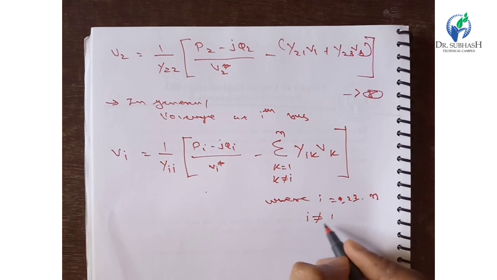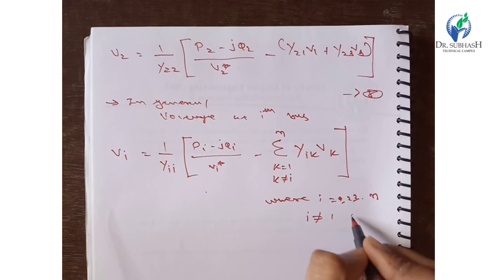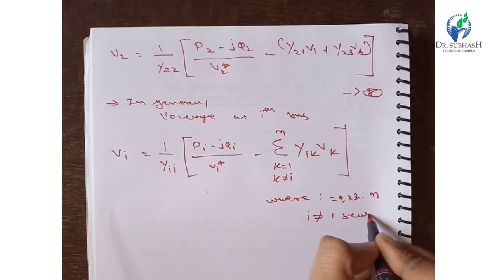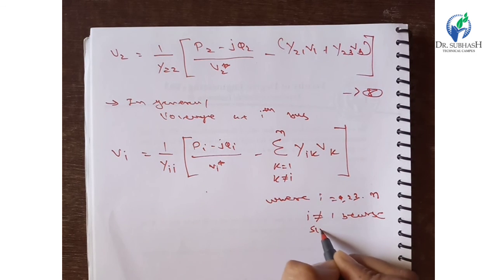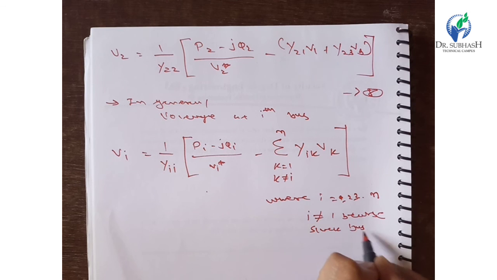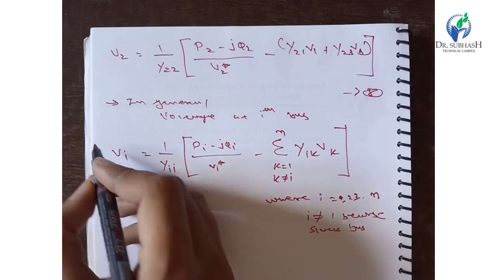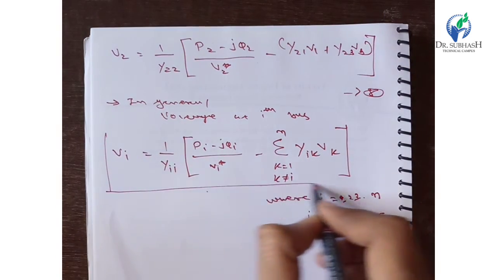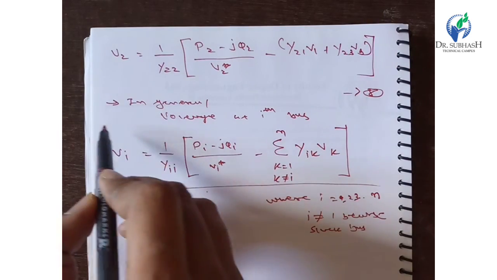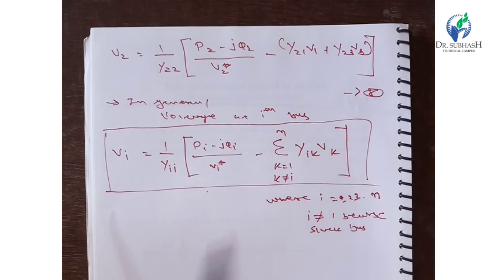Bus 1 is the slack bus, because the slack bus we consider at the starting. The slack bus is the other name for the reference bus. So this is the common equation for the voltage at the ith bus.